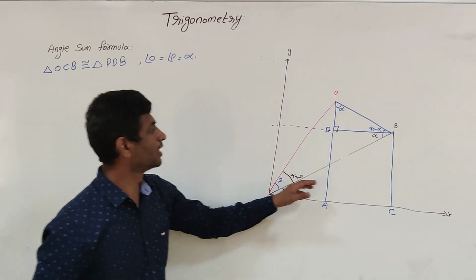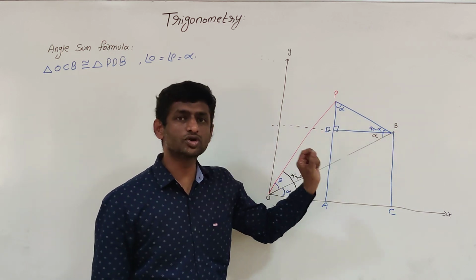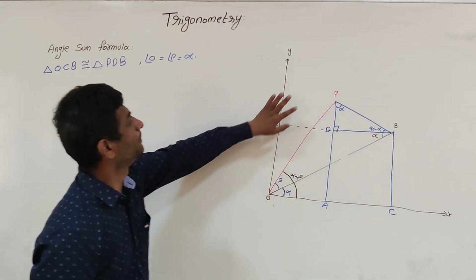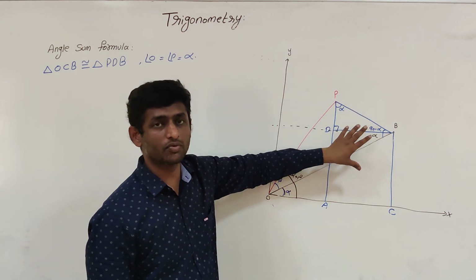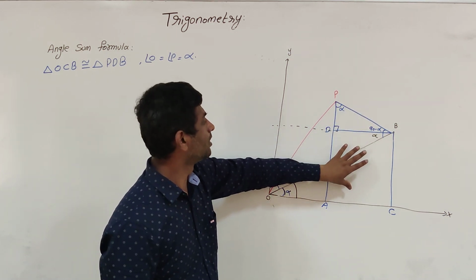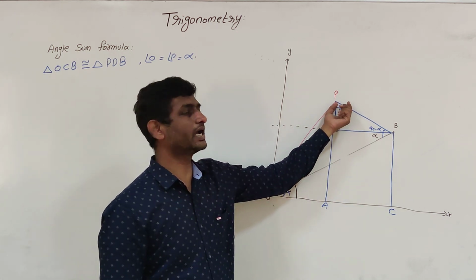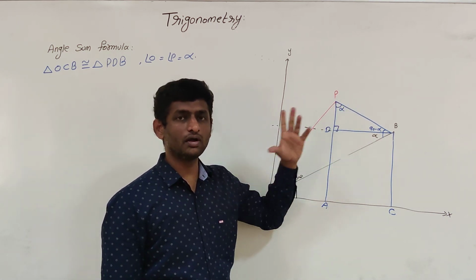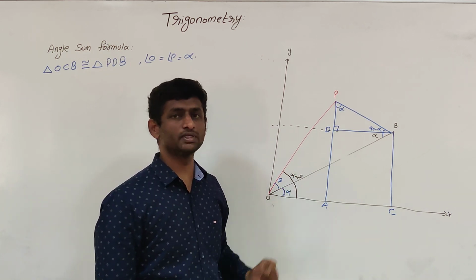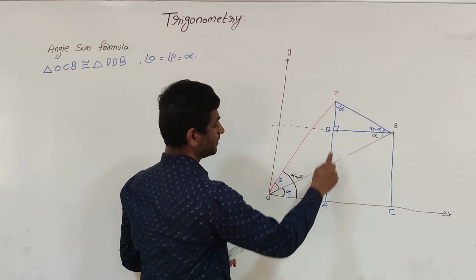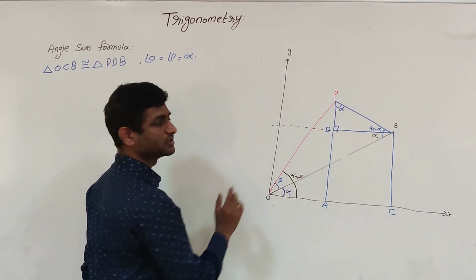That is, triangle OCB is congruent to triangle PDB, because by angle property, angle O is the same as angle P. Now, what we have to find out is what are the trigonometric ratios for alpha plus beta, means in triangle PAO, because it is a right angle triangle for alpha plus beta.